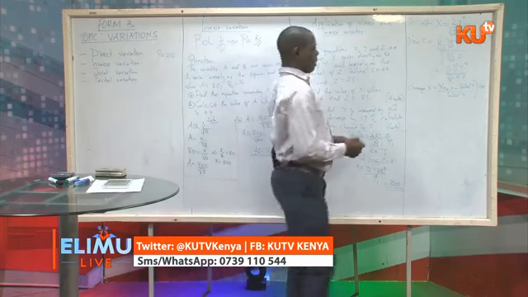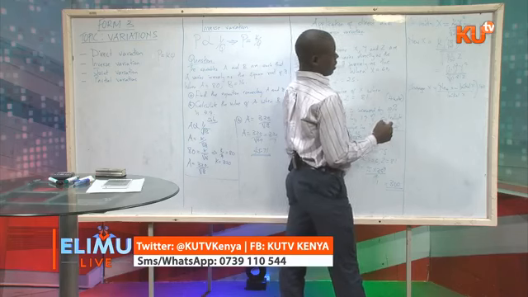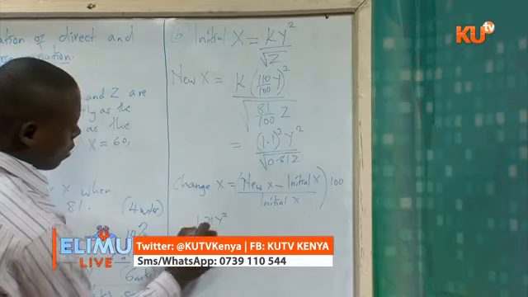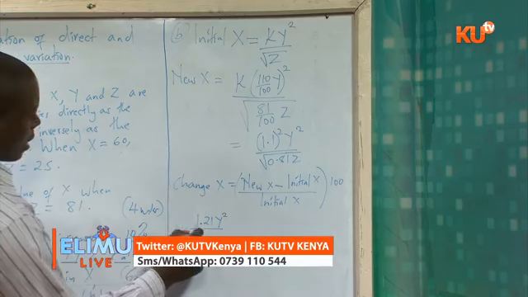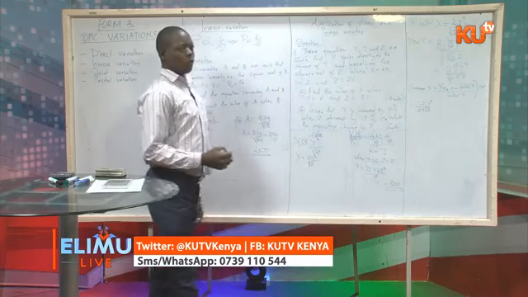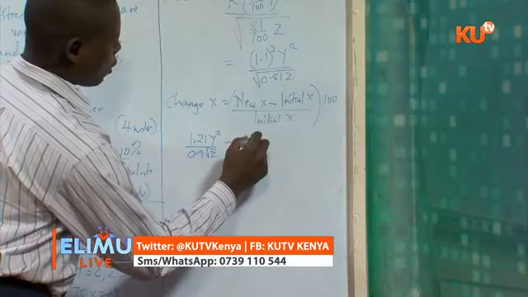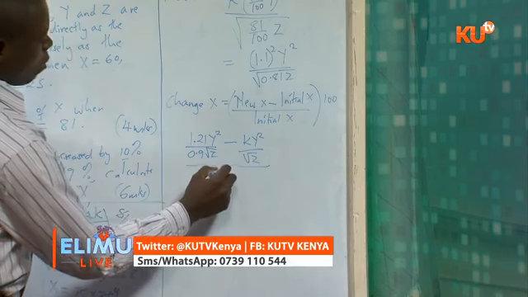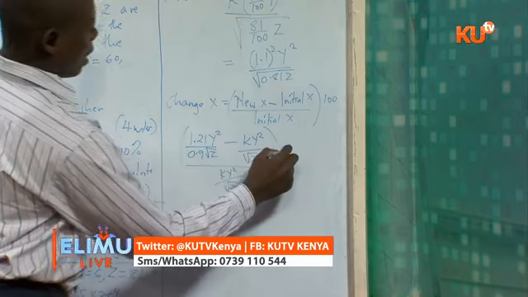So replacing in what we have, it's simply 1.1 squared, that is 1.21 y squared over the square root of 0.81, which is 0.9 root z, because we can't find the exact value of root z. Then we less ky squared over root z over the initial, which is ky squared over root z, then we multiply by 100.